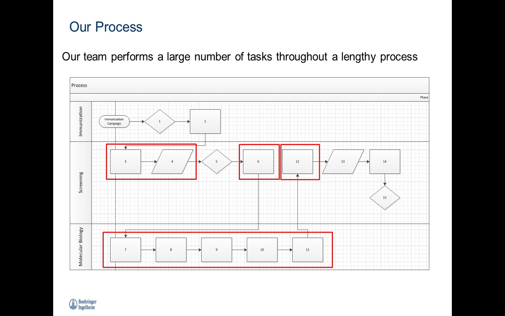All of those steps in the swim diagram here that you see that are in red boxes are steps in which we have some degree of automation, and that we have walk-away platforms, several workstations, or just a liquid handler to help with bulk transfers.